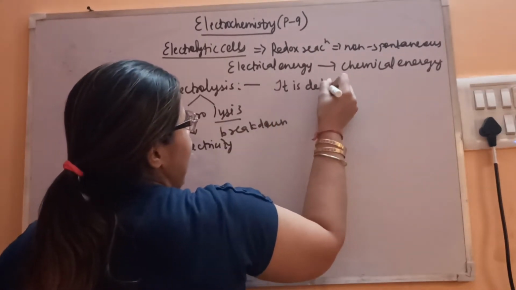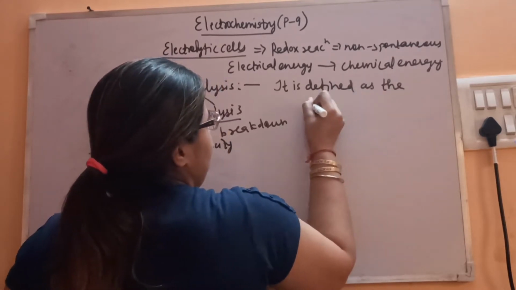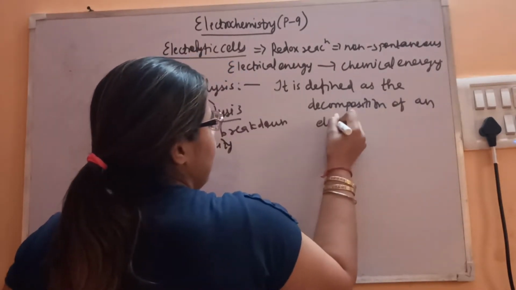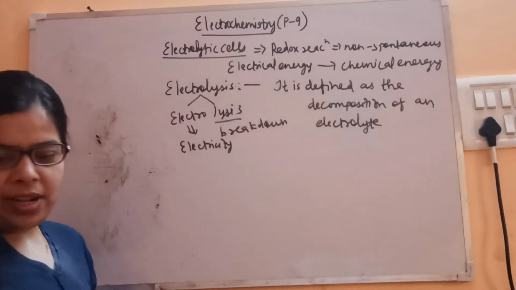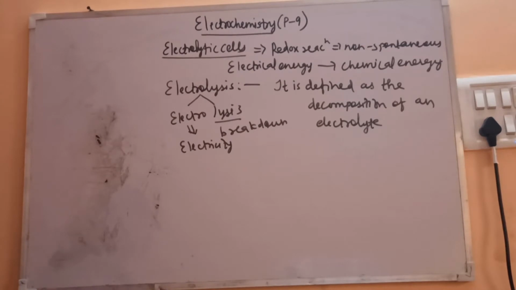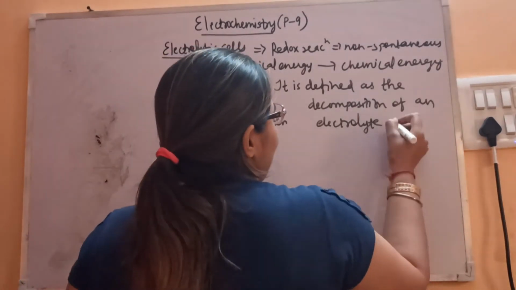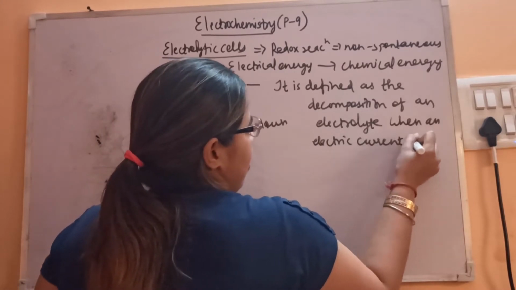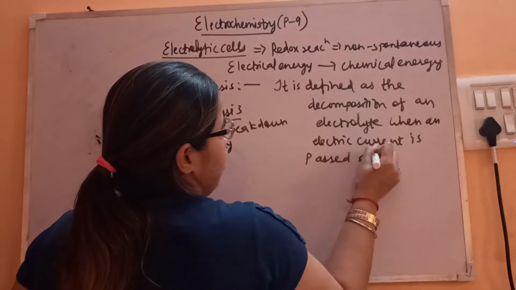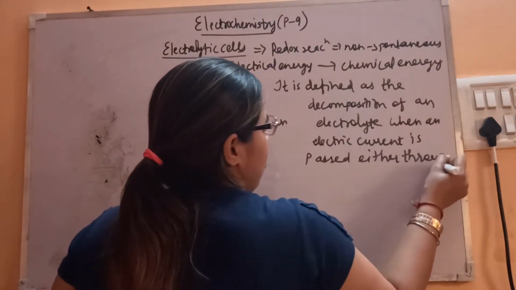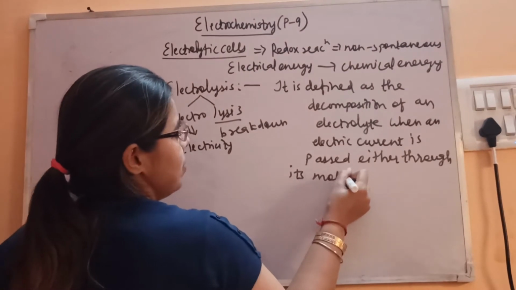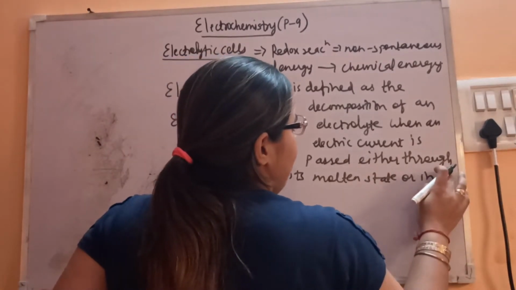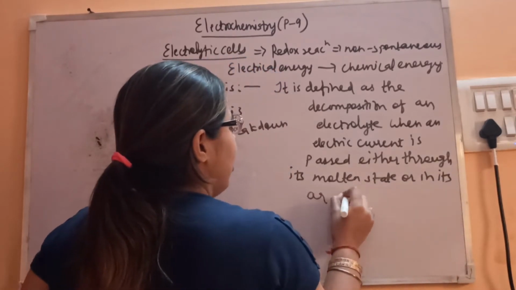It is defined as the decomposition of an electrolyte when an electric current is passed through it, either through its molten state or its aqueous solution.